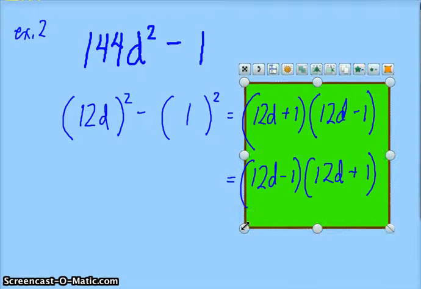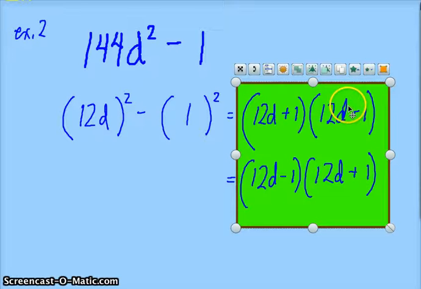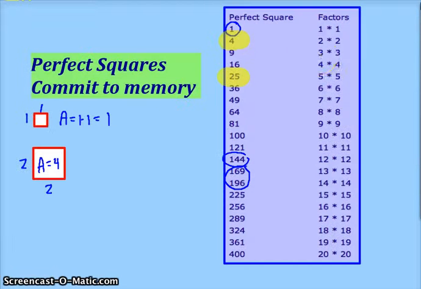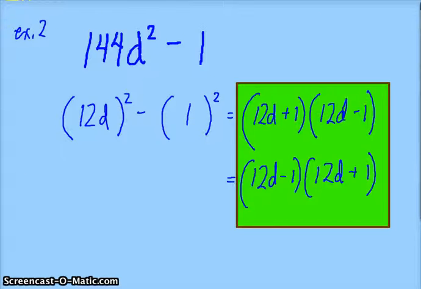Okay, now we're going to try a few more problems that are a little more difficult. So let's look at 27g cubed minus 3g. And we're looking at this 3. Maybe this is not a perfect square, because if I look at my table, 3 is not a perfect square, 27 is not a perfect square. So what do we do?